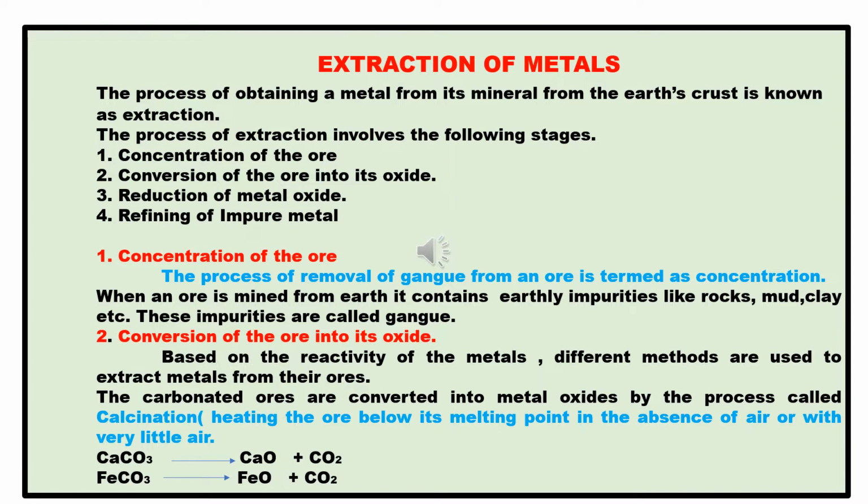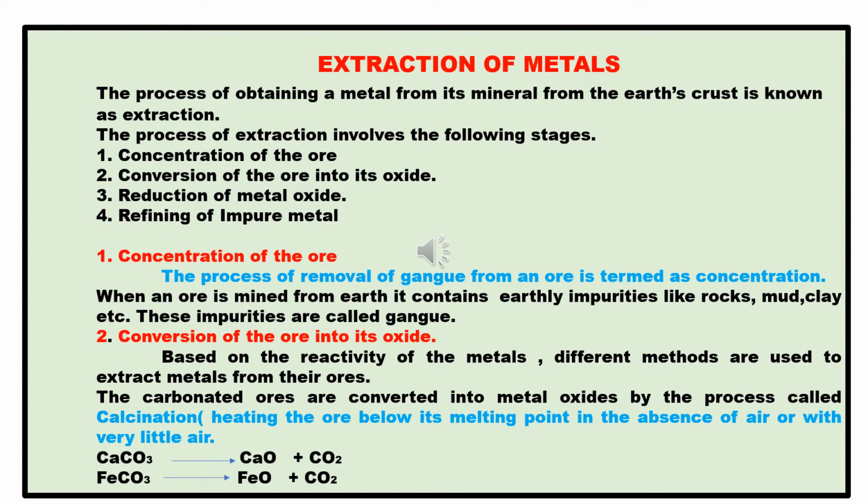Instead, directly we can refine it, you may be thinking. No, but that's a procedure, because all ores are metals combined with certain other elements or compounds. So let's see one by one.